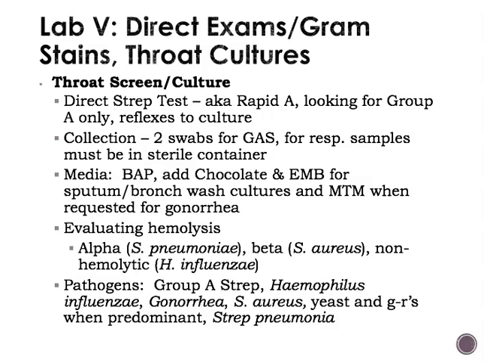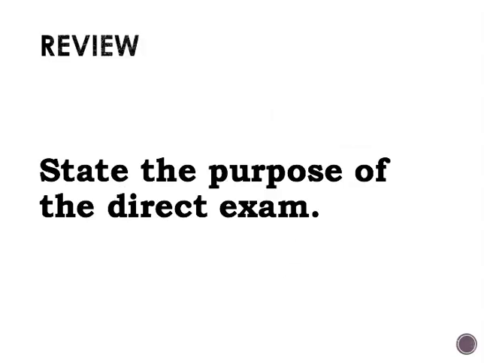When they're predominant, gram-negative rods can be normal flora in the respiratory tract, so you would only work them up as a pathogen if it was the predominant organism growing. And Streptococcus pneumoniae, again, can be normal flora, so it would have to be predominant or in an immunocompromised host.